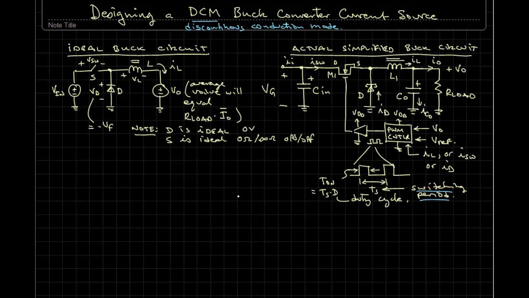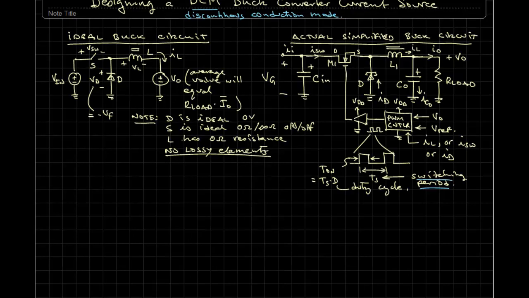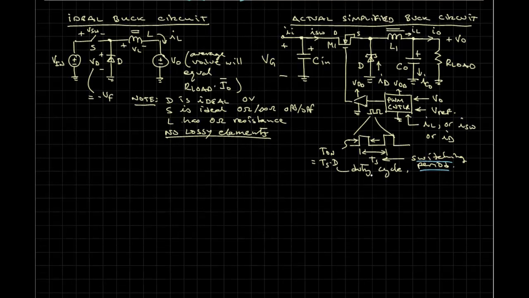They both switch in 0 time, no switching loss. L has 0 ohms of resistance. Okay, so note there are no lossy elements. Now, of course, that's not realistic, but we can still determine the basic principle of operation, and then we can add in some lossy elements to our analysis later.